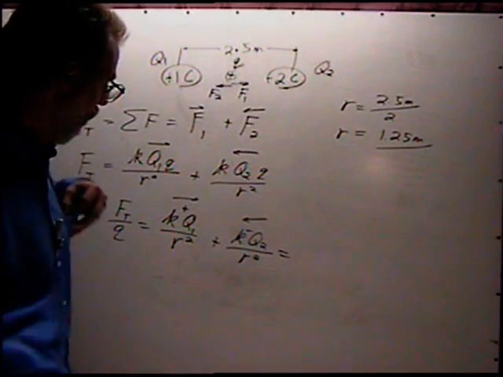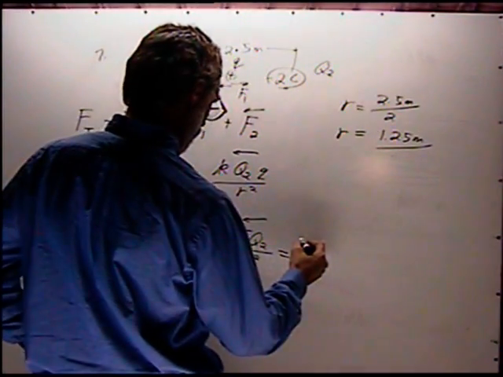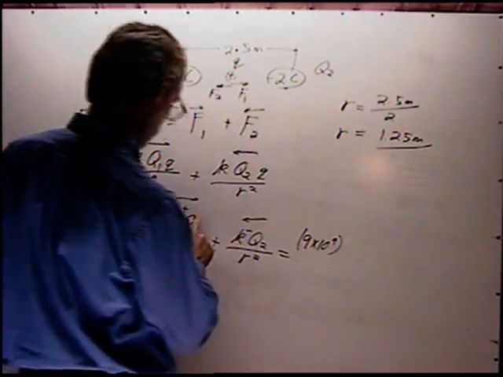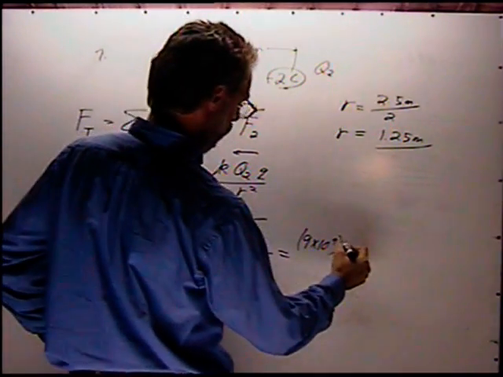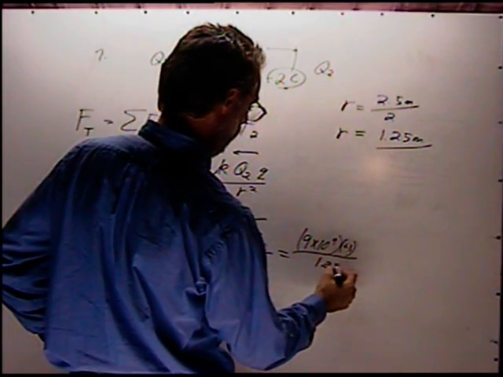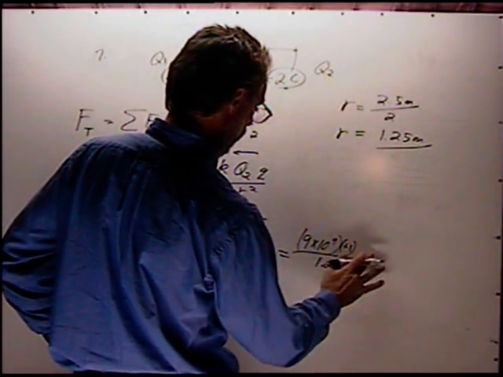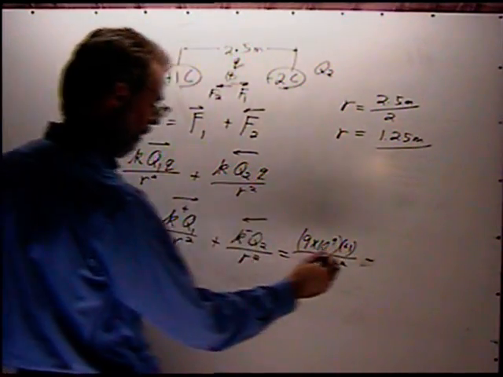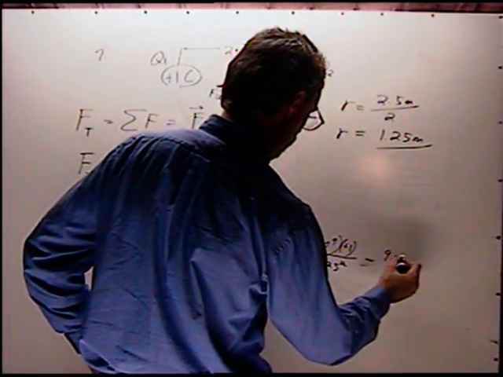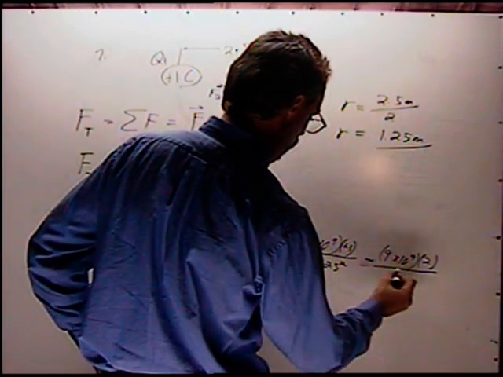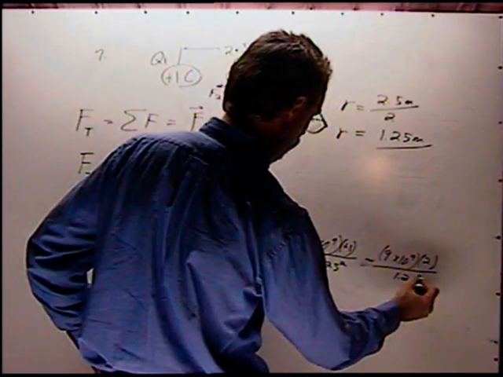So I'm going to add this: 9 times 10 to the 9th, Q1, that's plus 1, divided by 1.25 squared, and this is actually a minus number because this is a minus sign here: 9 times 10 to the 9th times 2, over 1.25 squared.